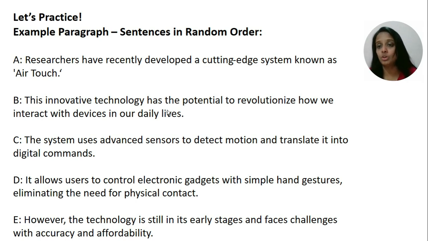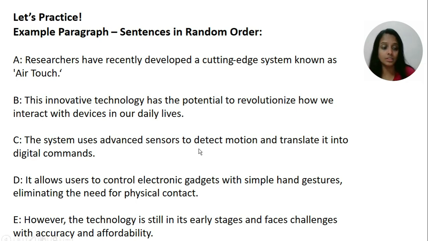So I guess this will go next. And for the final one, we need to look for any contrast or conclusions. Only one is left with us, but still we can clarify it. However, the technology is still in its early stages and faces challenges with accuracy and affordability. So that's the perfect ending, I guess.